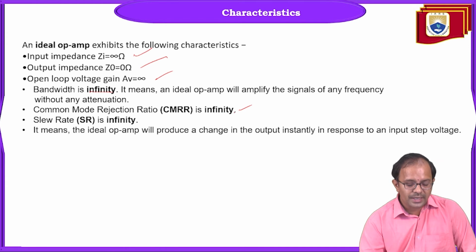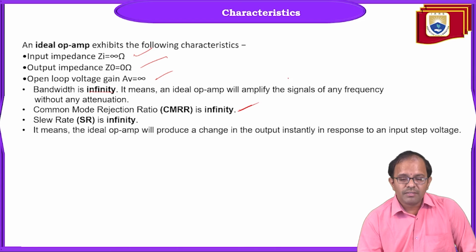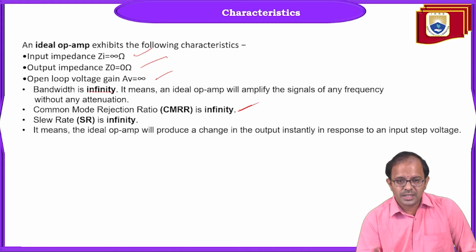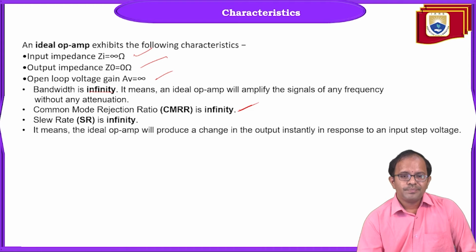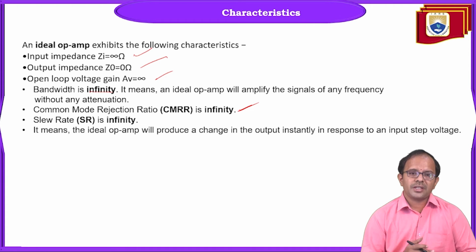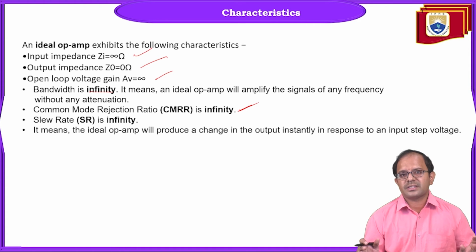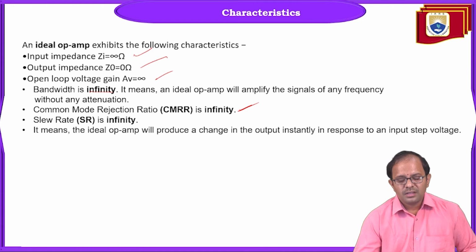It is supposed to be high in the practical case, and here it is said to be infinite. That means this ideal operational amplifier strictly denies any kind of common mode signal, right?